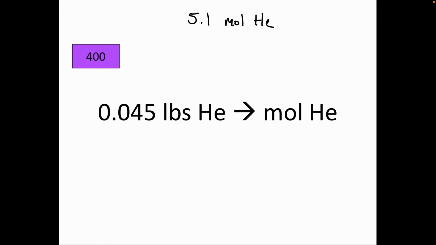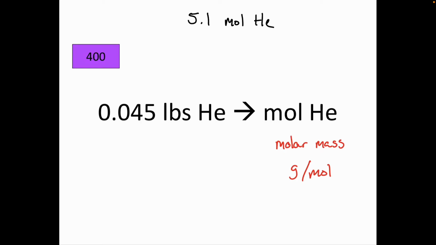And whenever we see mass and moles in the same problem, we're thinking molar mass. But the problem is the molar masses on our periodic table are in units of what? Grams per mole. So I'm not going to be able to use that until I can get this mass into grams. So first, I'm going to have to convert from pounds to grams.